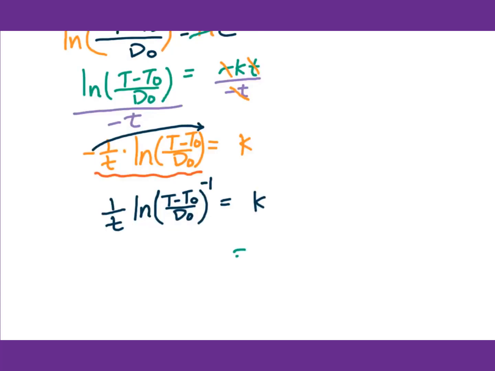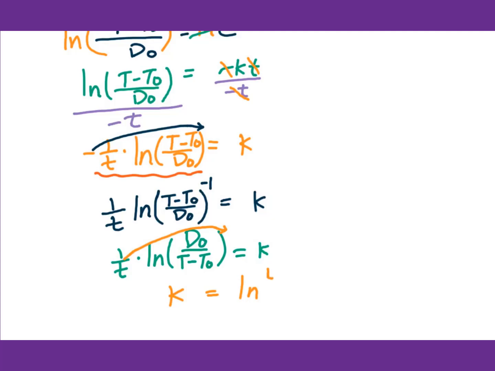We can organize that: it equals 1 over t times natural log of d sub 0 over t minus t sub 0. Or if you want to make 1 over t an exponent, you will get the t-th root of d0 over t minus t sub 0. Either one will be okay.